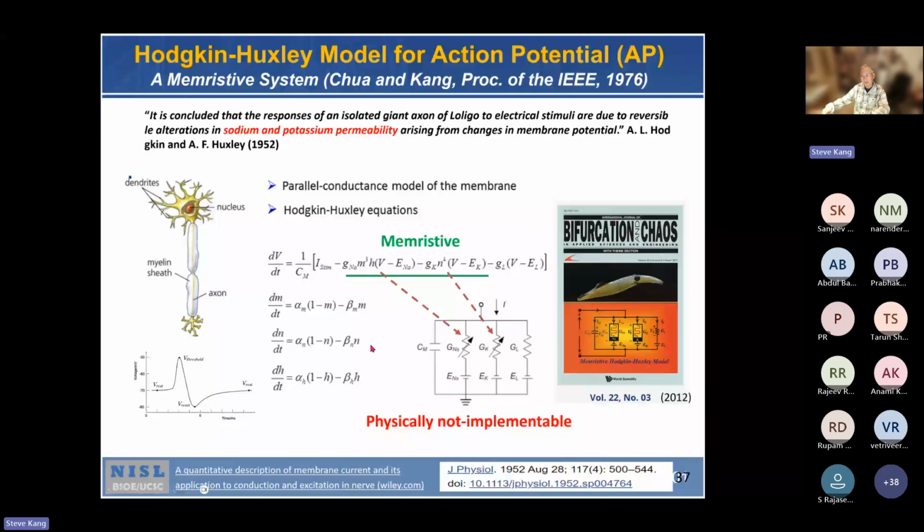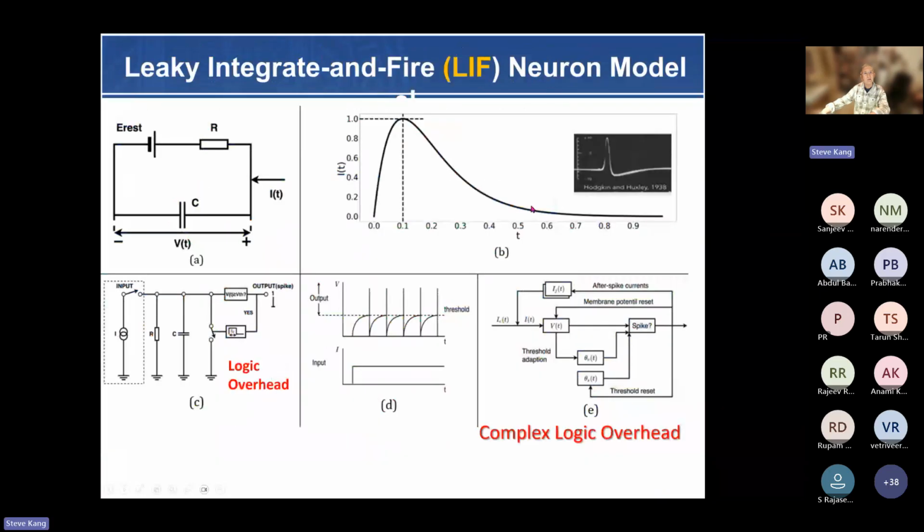And then in 2012, Leon Chua also published a paper in the Chaos journal on explaining chaos generation in the local activity area, edge of chaos, and that sort of thing. So looking into a basic leaky integrate-and-fire network, right?